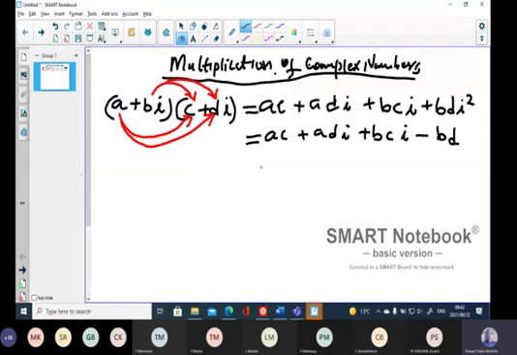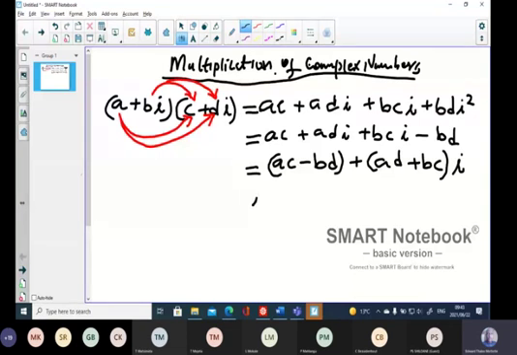We have (AC minus BD) in bracket, these are the real parts, plus (AD plus BC) i. Now we are done with the multiplication here.